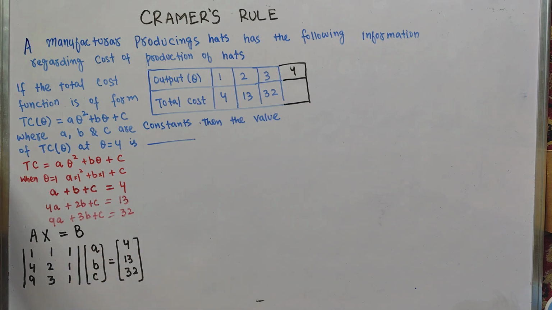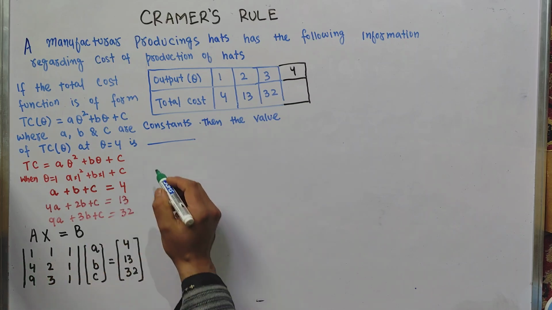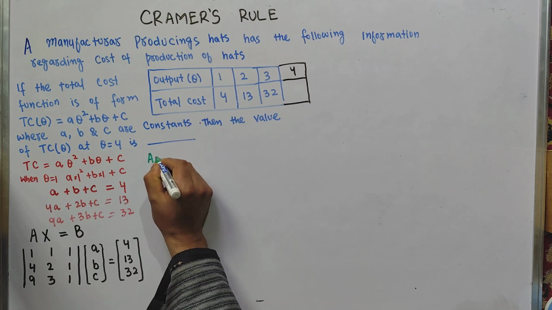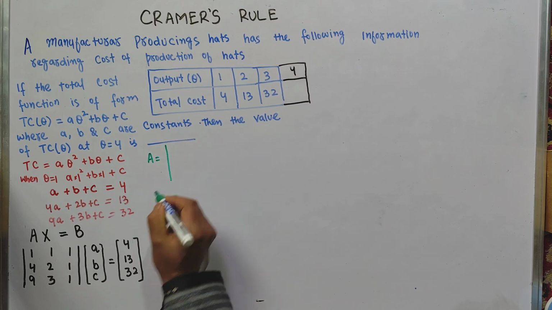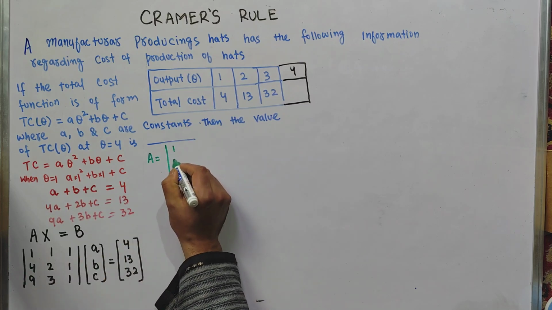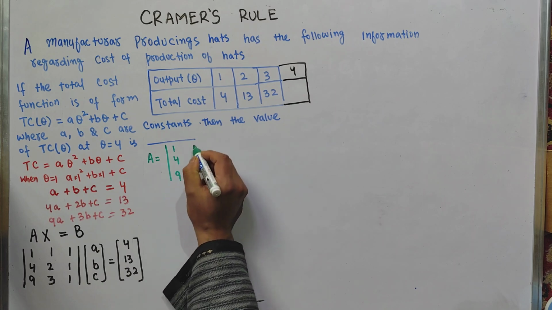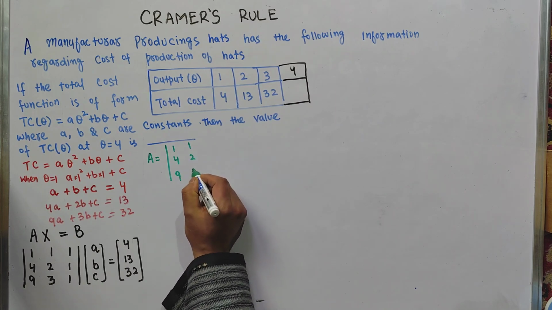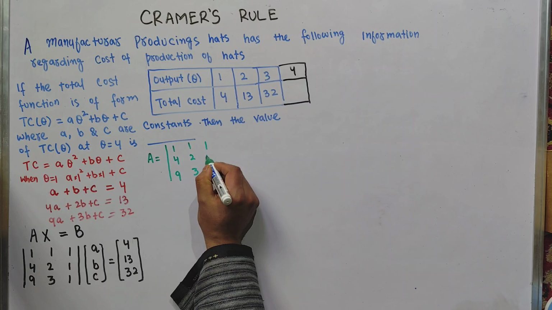Then to solve using Cramer's rule, first thing is we need to find out the determinant of the coefficient matrix. What is our A? Let's rewrite A. So our A is this very matrix: 1 4 9, 1 2 3, 1 1 1.